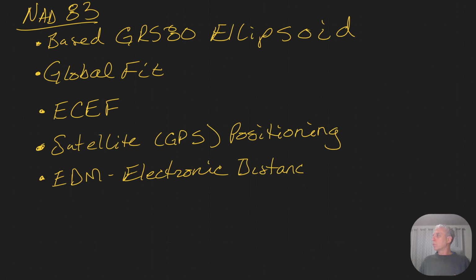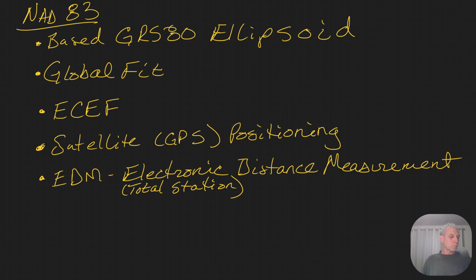They send out a laser and they count the difference in the shift of the amplitude on return versus on being sent out, and then calculates a distance. So electronic distance measurement, like a total station. We had more advanced, and NAD83 is based on more advanced geodetic data.